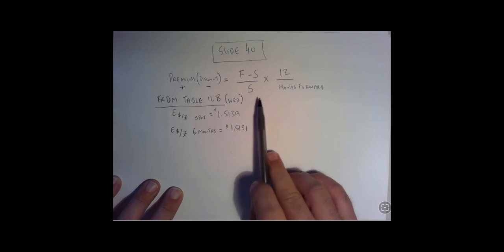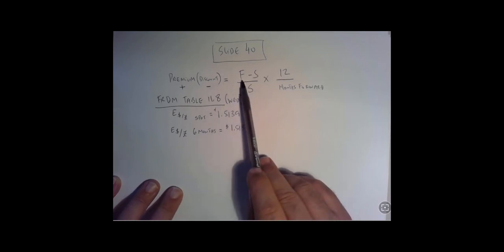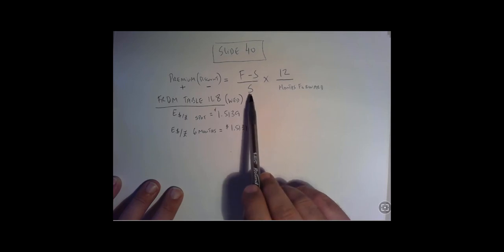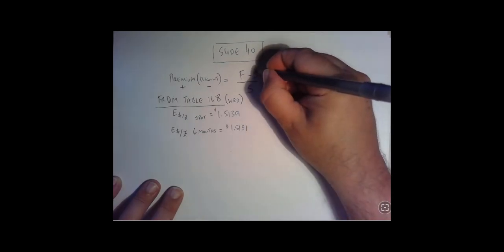F stands for the forward rate, forward at 3 months or 6 months or 1 month, depending on the investment we are doing. And S stands for the spot rate, how much the currency is being sold at right now.